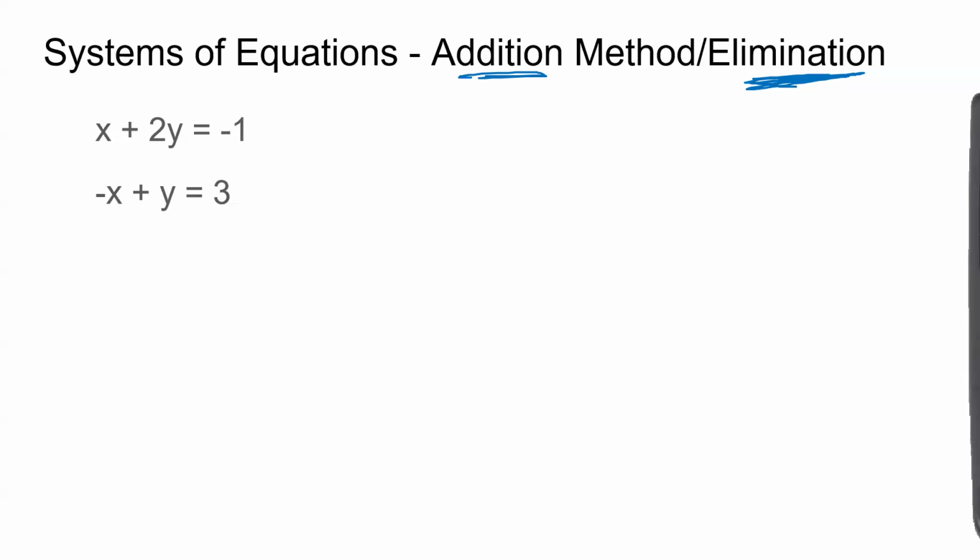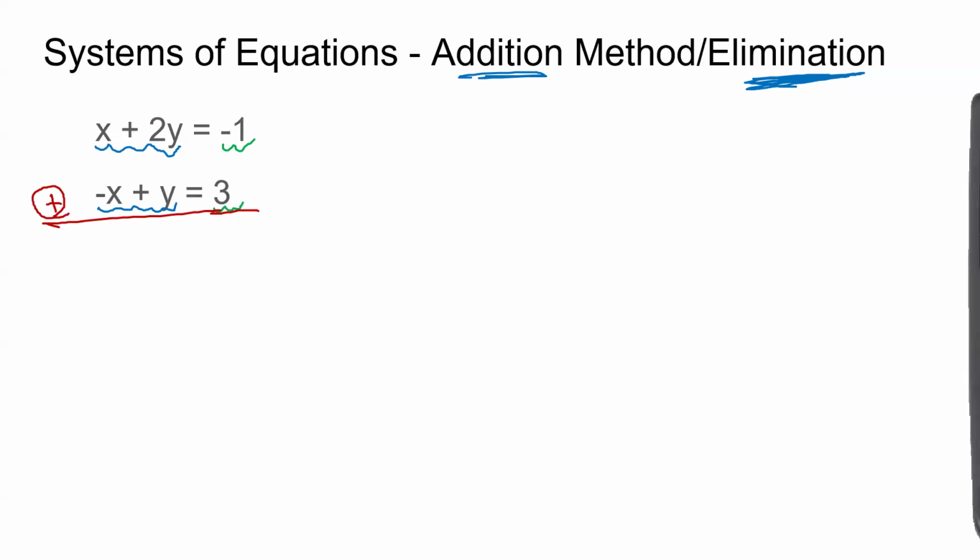Essentially, all we're going to do is take the left-hand side of this equation and add it to the left-hand side of this equation. And then we're going to take the right-hand side and add it to the right-hand side. It's almost like we're drawing a line up underneath this thing and adding straight down.